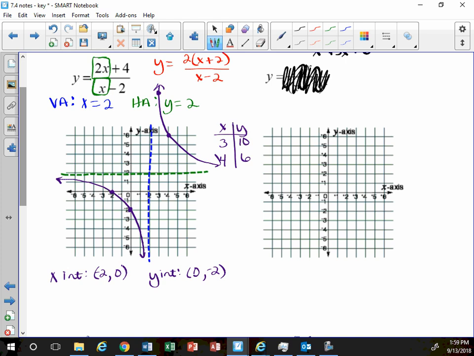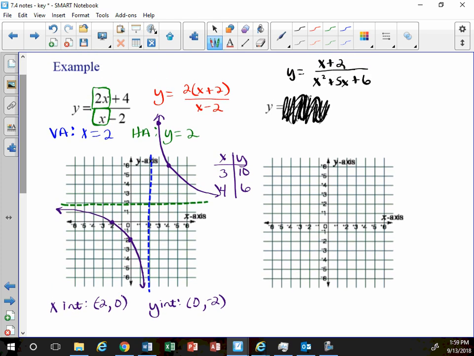So clearly I've changed your second one. Turn it into that: y equals x plus 2 over x squared plus 5x plus 6. What's our first step always need to be? Factor.